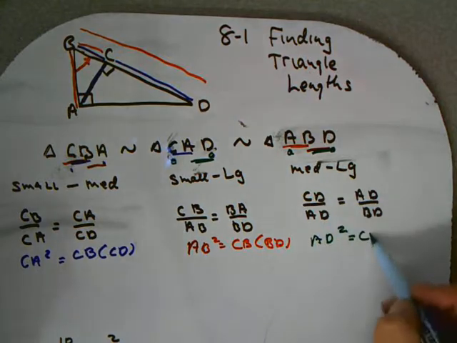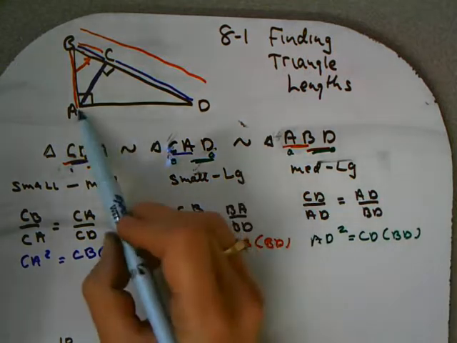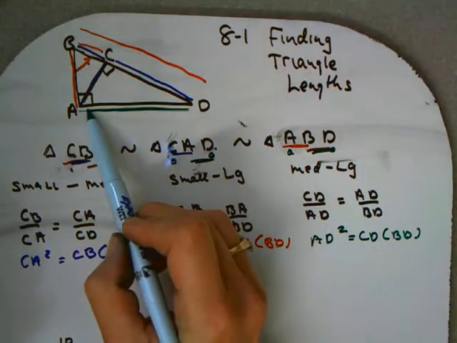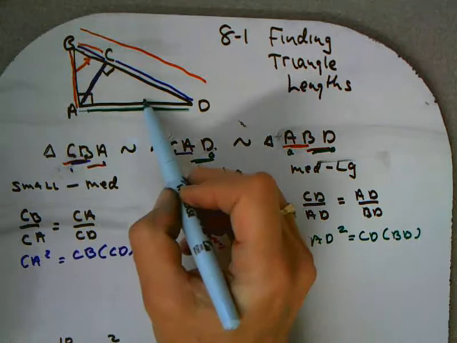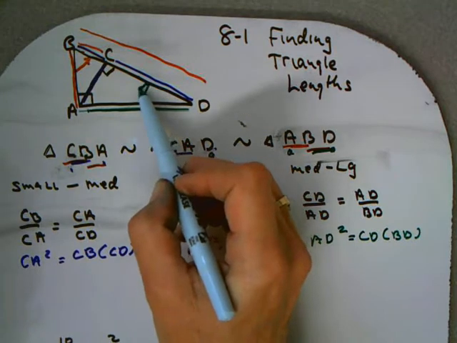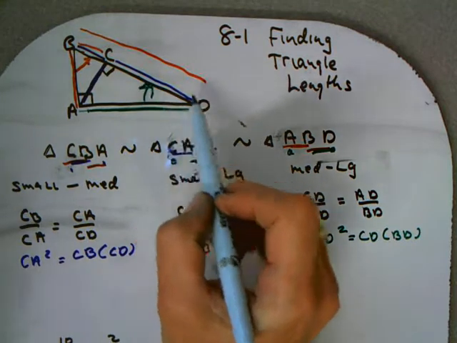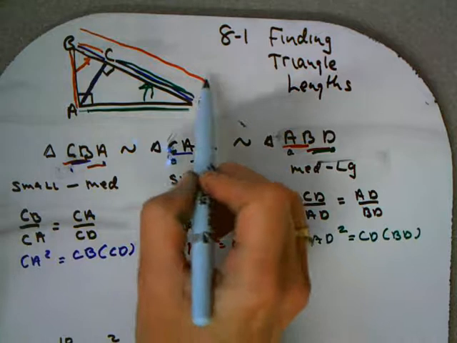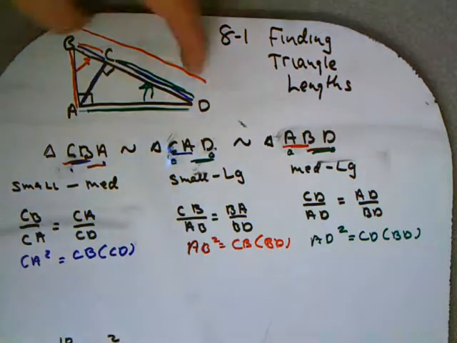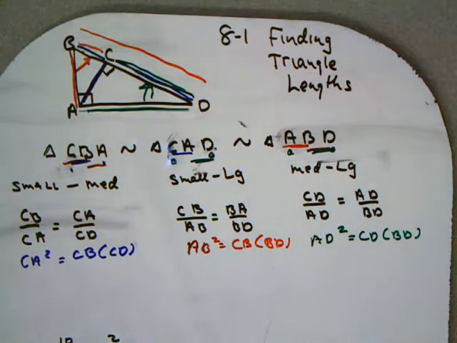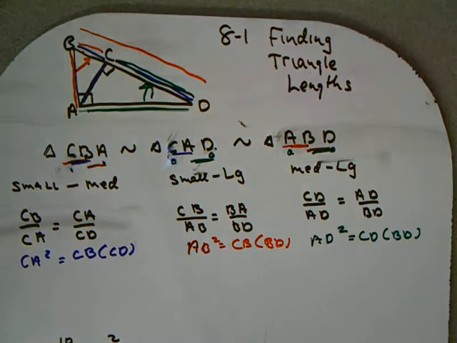Which means this side, AD, when I square it, equals the side across from it, CD, times the entire length here. So, neat relationships. Let's use these three ideas to find triangle lengths.